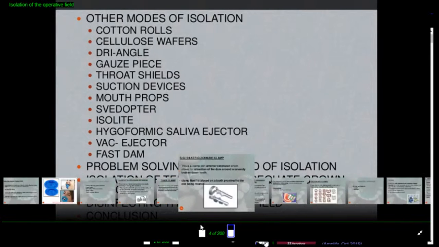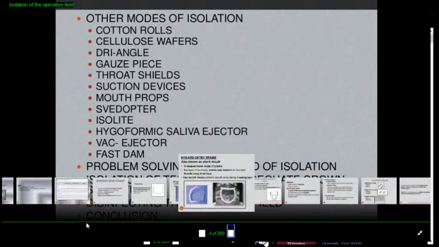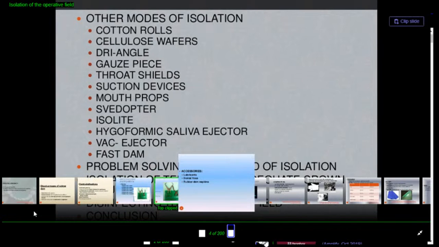There are many slides here we can take a look at and see.